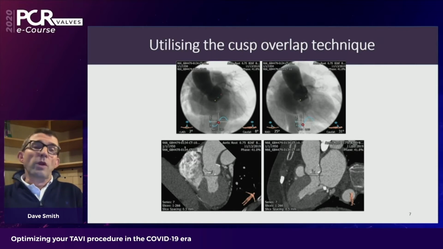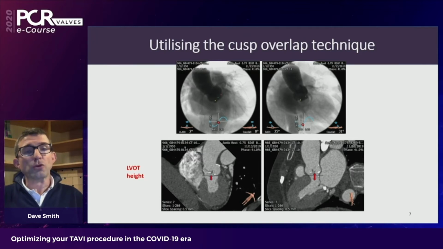In the two cusp view, we obviously have overlap of the right and non-coronary cusps, with the left coronary cusp on its own. And if we look at the pictures of the left ventricle on the bottom, and we look particularly at the left ventricular outflow tract height, you can see that in the three cusp view, we have a very foreshortened left ventricular outflow tract, whereas on the right panel, we have a less foreshortened view of the left ventricular outflow tract.